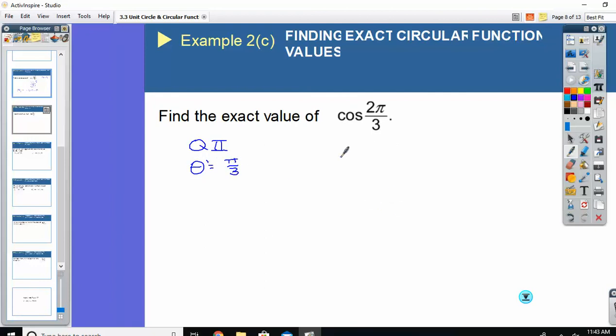In the second quadrant, cosine is negative. Pi over 3 is like 60. Cosine of 60, 1/2. Look at your circle at 2 pi over 3. Cosine is the x. Was your x negative 1/2 there? So you can use your circle.